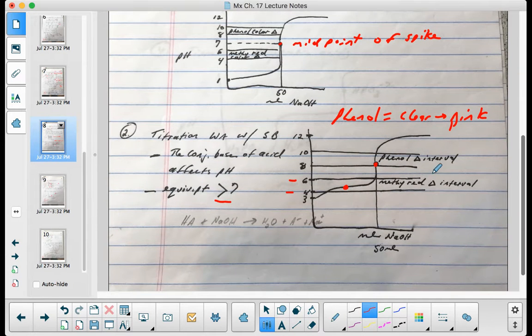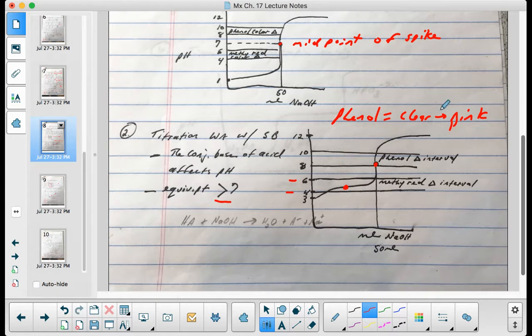And so here's an example of a weak acid with a strong base. And remember, I showed you that the center point of that vertical spike is above 7. It's not at 7, what you think of as the equivalence point because we call it neutral, but it's above 7 and it's due to the presence of the conjugate base.